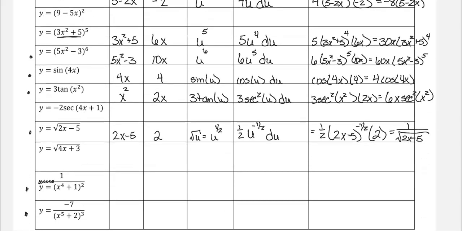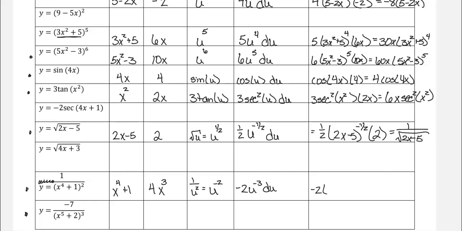If we look at that next one, inside function is x to the 4th plus 1. The derivative of that is 4x cubed. So my rewrite would be 1 over u squared, which we would rewrite as u to the negative 2. And then now we can take the derivative. Bring the exponent down, subtract 1 from the exponent.